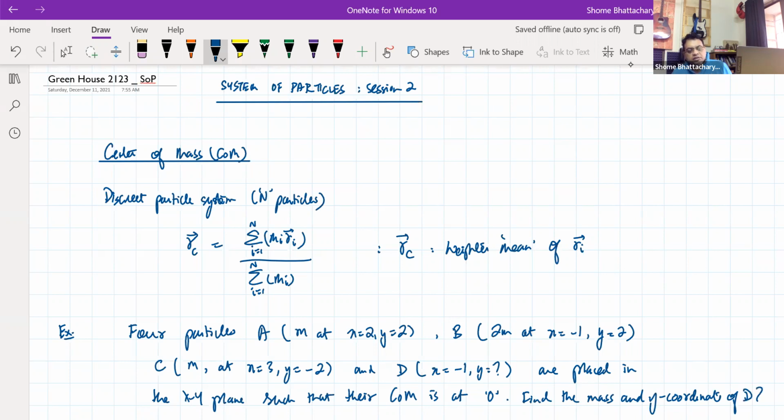So very similar to a question we had done yesterday, but we had seen a two particle system. Now there's a four particle system. For three of the particles, we've been given the position and the masses exactly. But for the fourth particle D, we do not know the mass and we don't know the y coordinate. The x coordinate is -1. So we have to find this y coordinate and the mass of D so that the center of mass of the system should be at the origin of the coordinate frame.